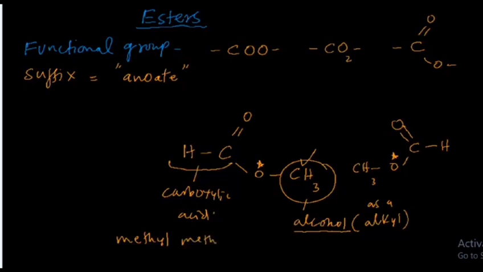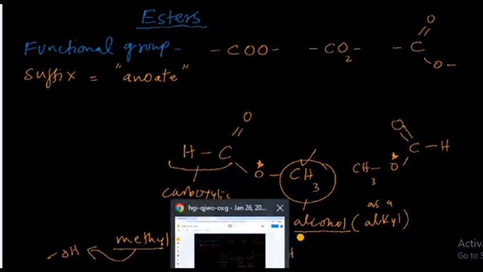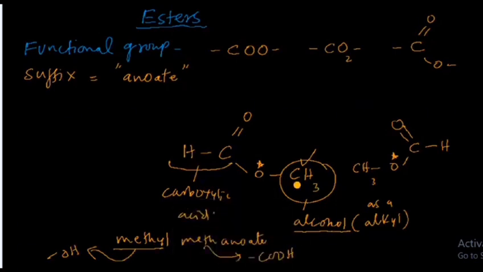The ending code is oate, so this is the complete name of this ester, methyl methanoate. Methyl is coming from alcohol and methanoate from carboxylic acid. If you add oate with any part of the ester, it means that belongs to carboxylic acid.